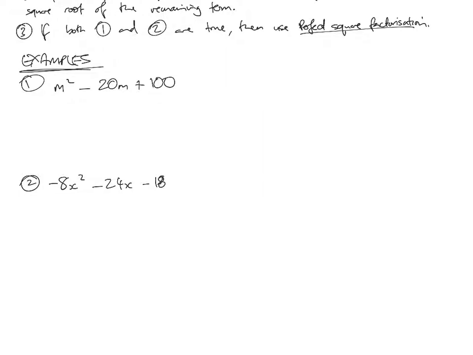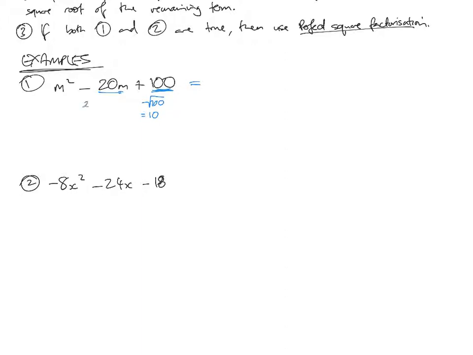So step 1, look at the constant term and see if it's a perfect square. 100 is a perfect square because the square root of 100 is equal to 10. Step 2, look at the term with the variable to the first power, so this one here, 20m, because m is to the power of 1, divided by 2 and the square root of the constant term.